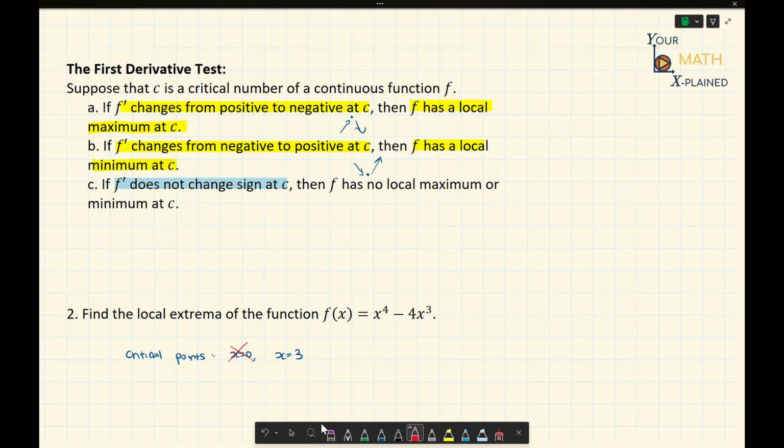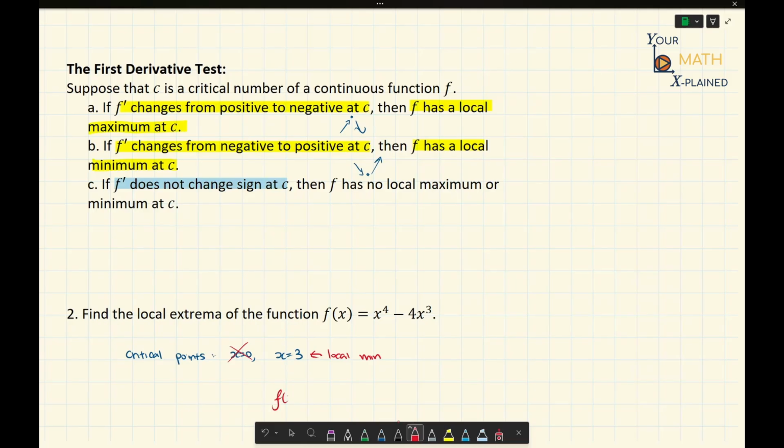Now, at x is equal to 3, f prime went from negative to positive. So therefore, we have a local min at x is equal to 3. To find the value of this local extremum, we just need to substitute our x value into our original function.